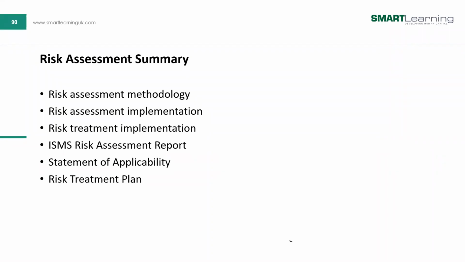So the summary of risk assessment is you would select a risk assessment methodology, conduct the risk assessment, do a risk treatment, create a risk assessment report, and then of course a statement of applicability comes out of everything, and finally a risk treatment plan. So that is the summary of the risk management.